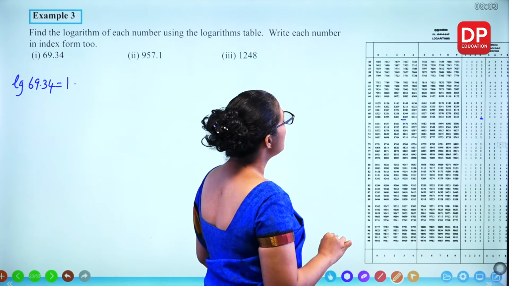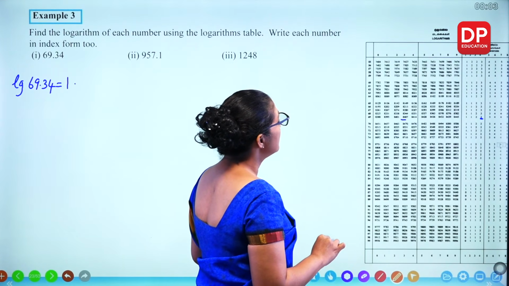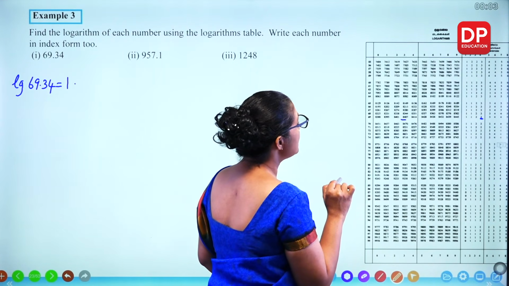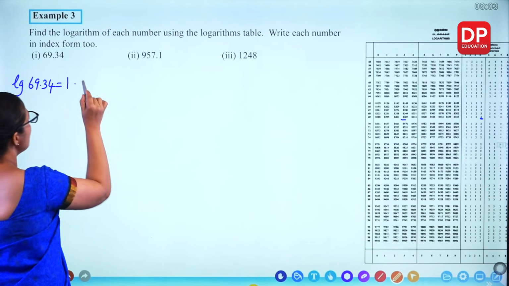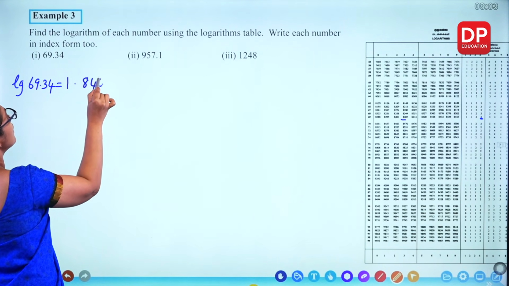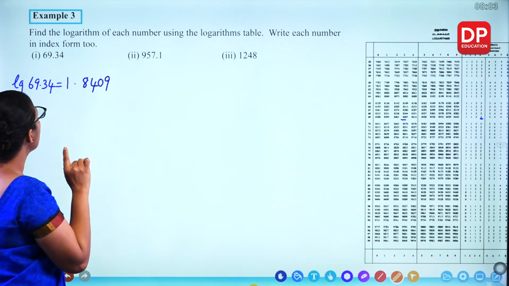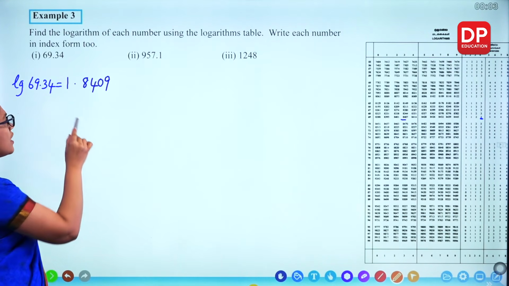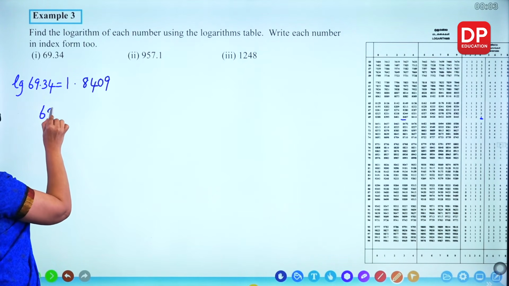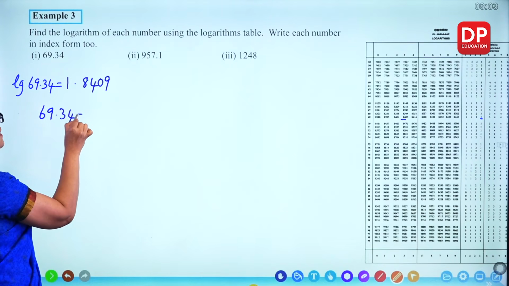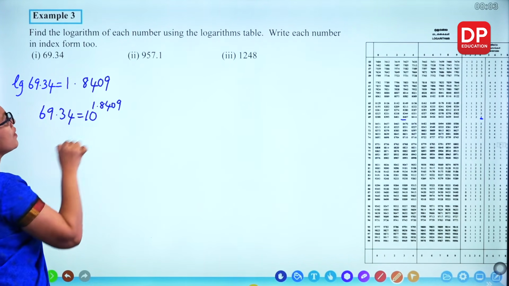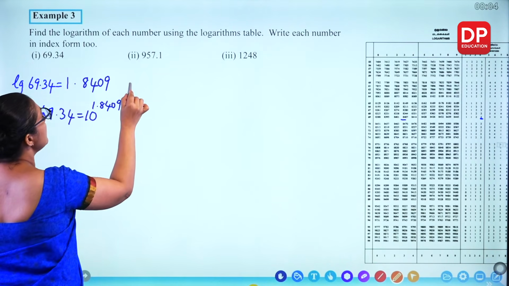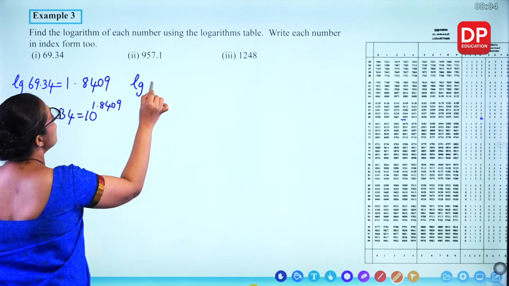So add 2 to that, 69, so 8409. So how can we write in index notation? 69.34 is 10 to the power 1.8409.